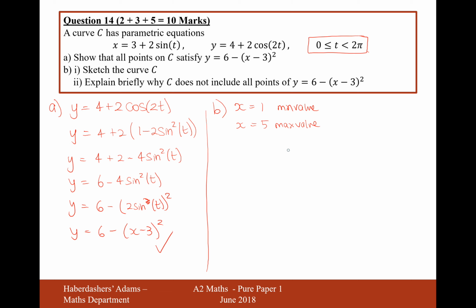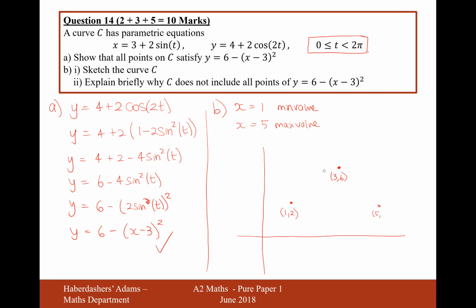So in fact the curve is just going to be from x equals 1. Let's work out what the y coordinate is going to be. 1 minus 3 is minus 2, minus 2 squared is 4, 6 minus 4 is 2, so it's going to be at the coordinate 1, 2. We're going to have a maximum point using the knowledge that it's going to be at a turning point at 3, 6, and then it's going to be a quadratic down to 5.